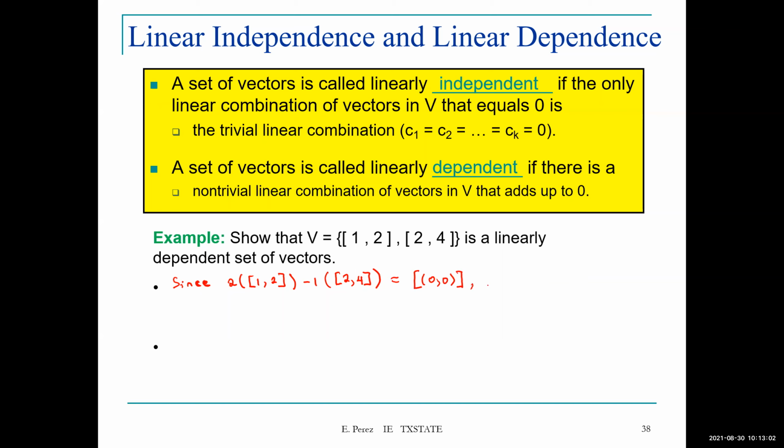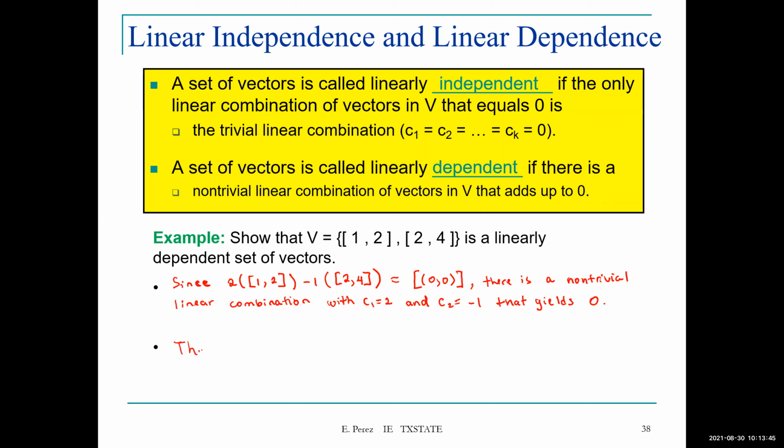So there's a non-trivial linear combination with C1 equals 2 and C2 equals -1 that yields 0.